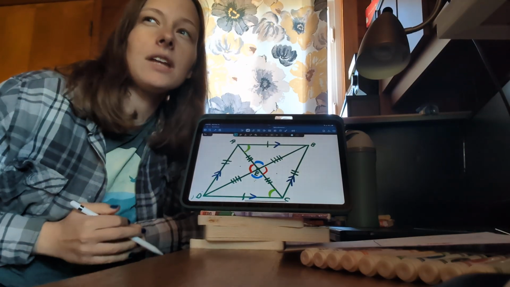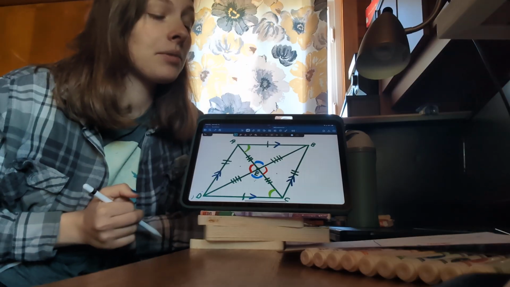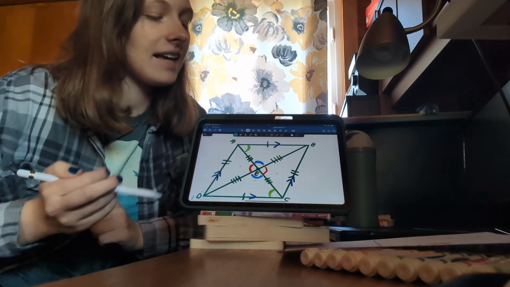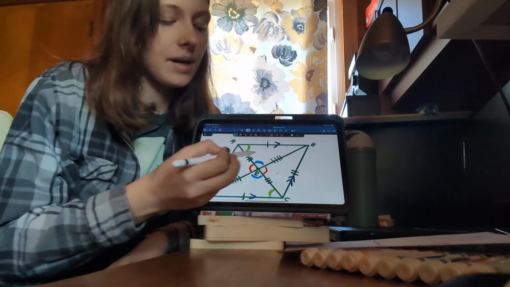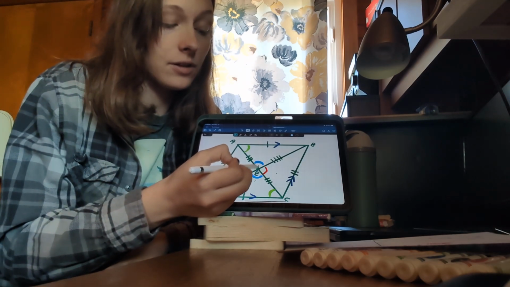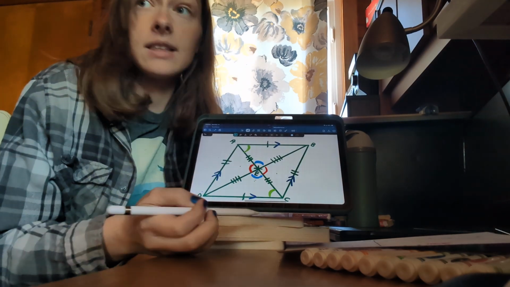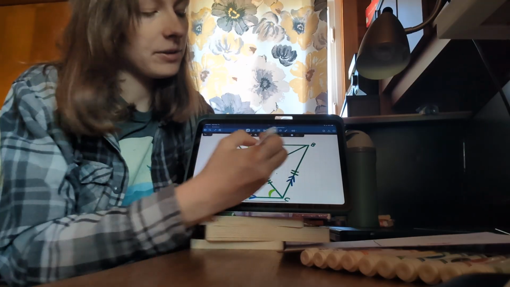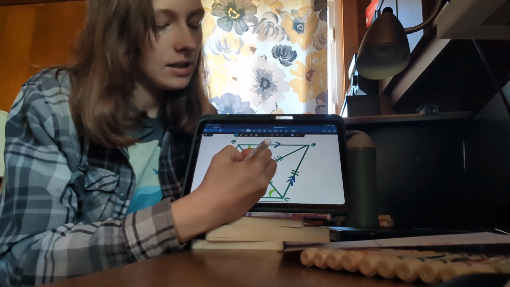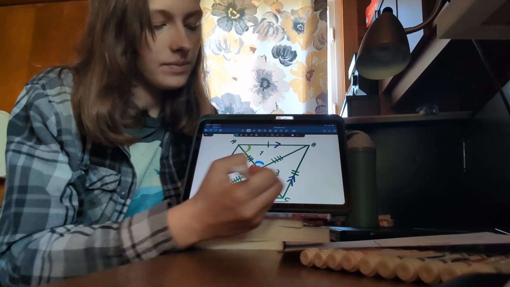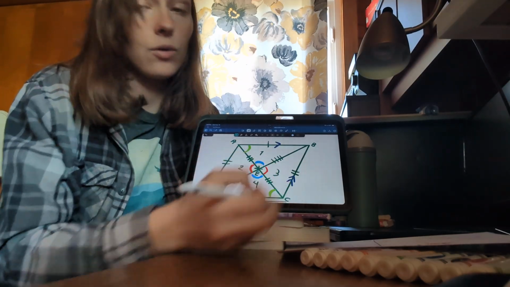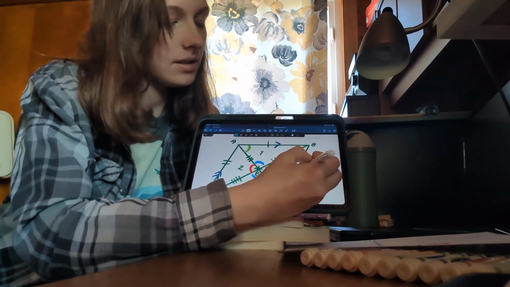So, a lot of you actually proved that the triangles that are sort of opposite to each other, right? They share a vertical angle, that they're congruent to each other. So if we label these triangles 1, 2, 3, 4, we can say that triangle 1 and 4 are congruent.